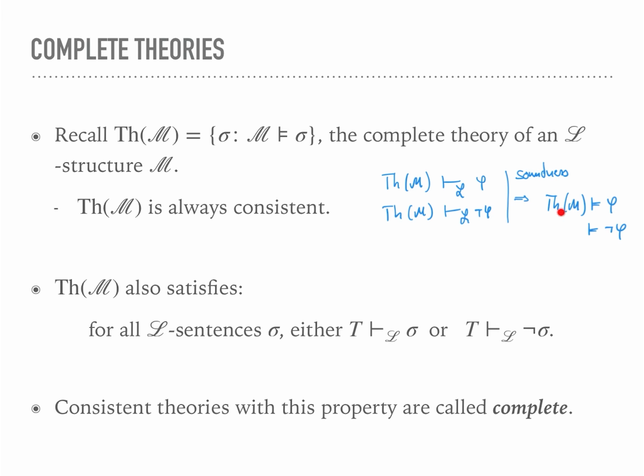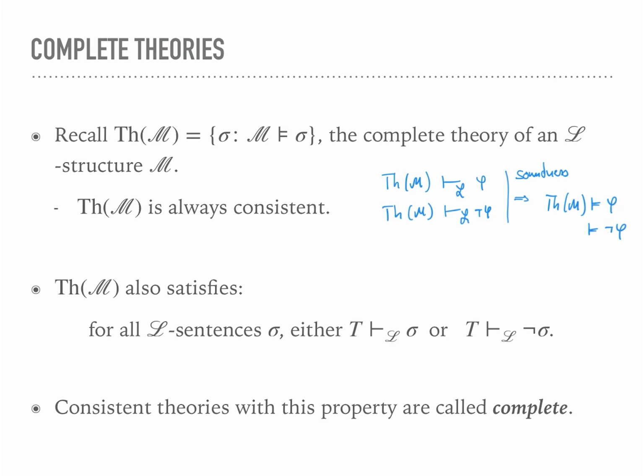Because this says whenever I have a model for the theory of M, then this also would have to be a model of phi. And at the same time, whenever I have a model of it, this also would have to be a model of not phi. But in a structure, only one of the two can hold.